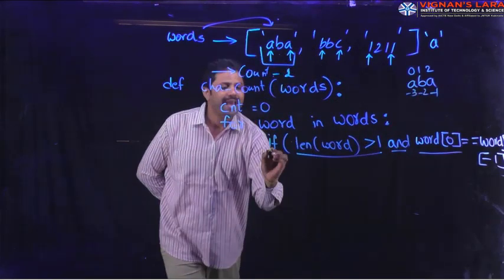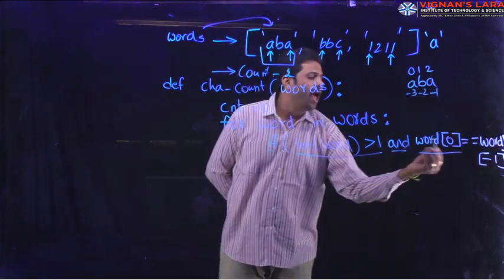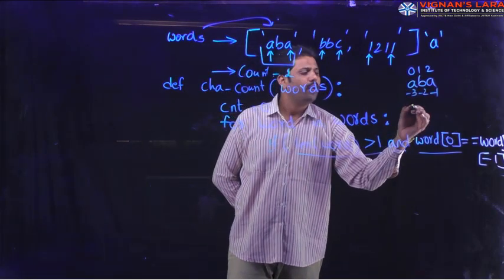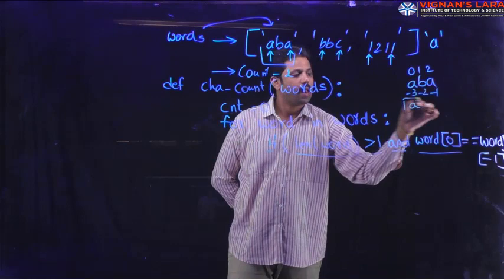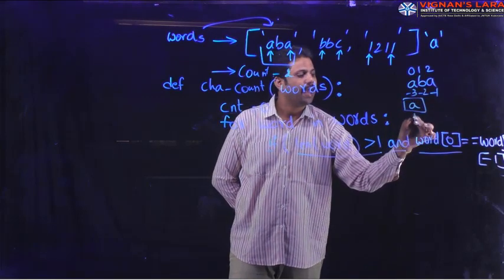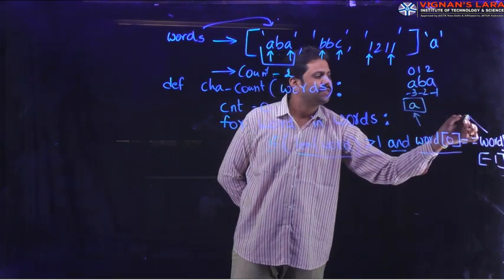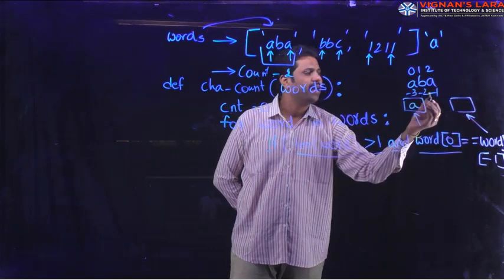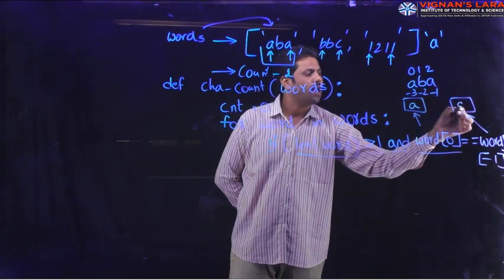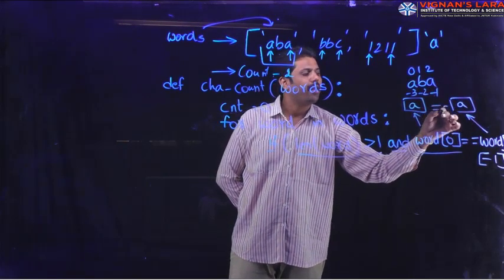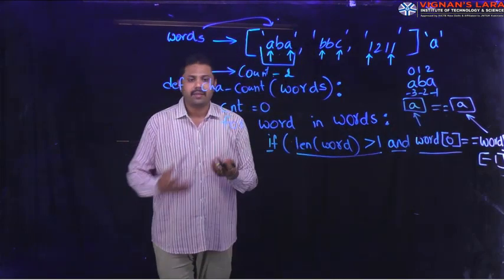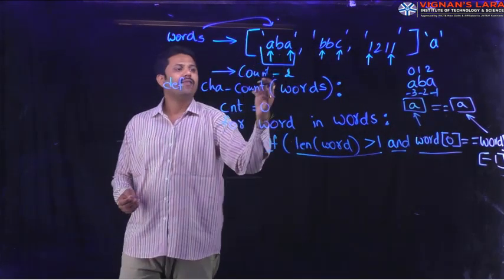I am using an if condition. Word of 0: what is word of 0? It is A. Next, word of minus 1: what is word of minus 1 here? Minus 1 is also A. If these two are equal, what do you have to do?